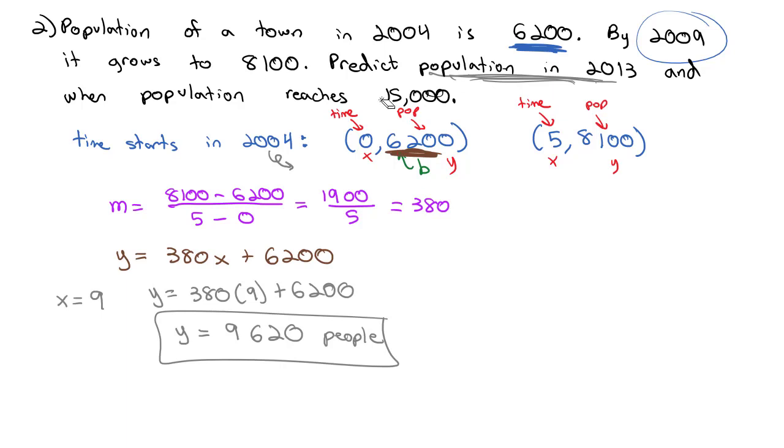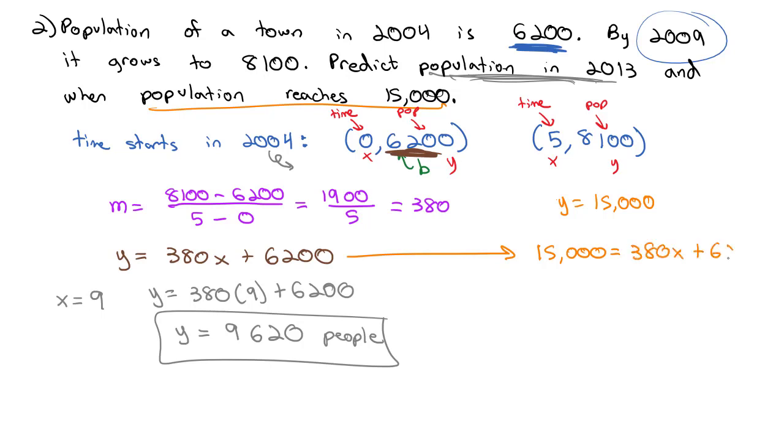Now for the second part of our problem, we want to know when the population reaches 15,000. Now with the population, we said that was our second variable, our y. So we're going to say y equals 15,000 and plug it into that same equation we just found. So 15,000 equals 380x plus 6,200.